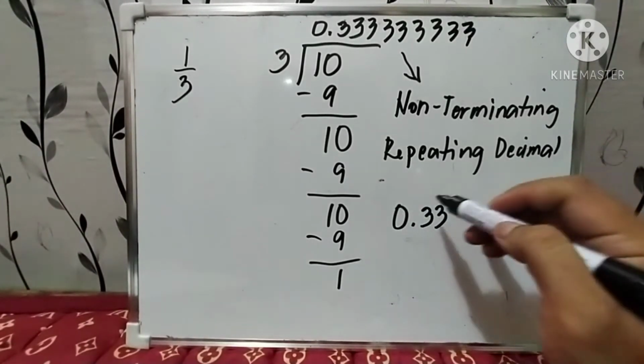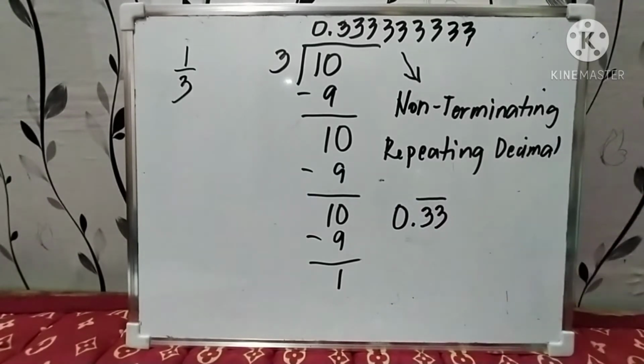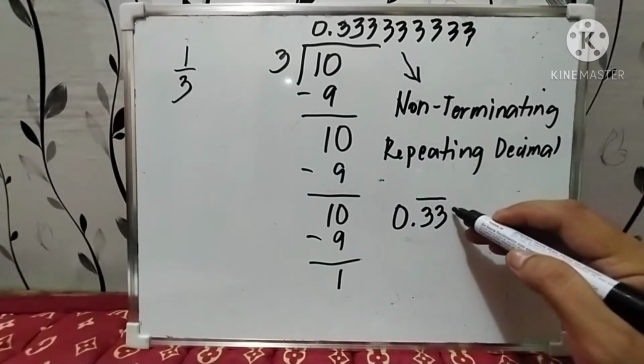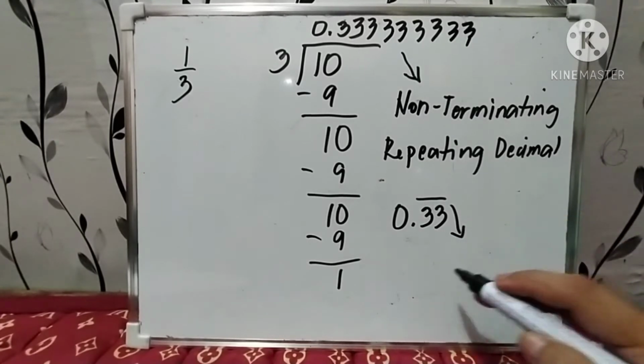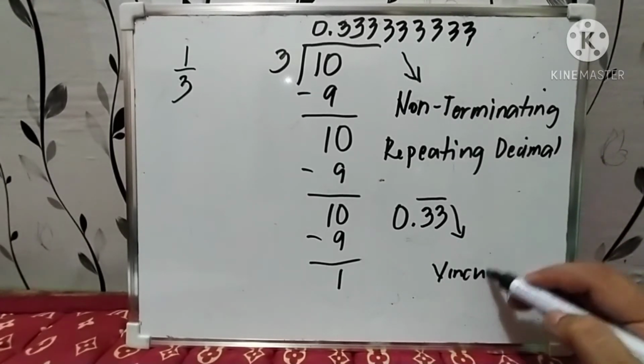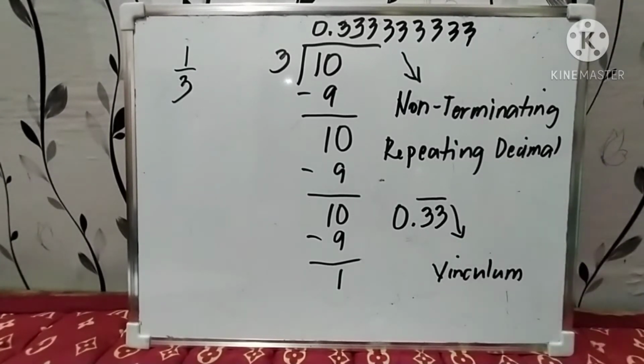Ayan. Tapos may bar sa taas. Okay po. So, ang tawag natin dun sa bar na yon is what we call a vinculum. Okay? So, nilalagyan natin ng bar sa taas kapag non-terminating repeating decimals.